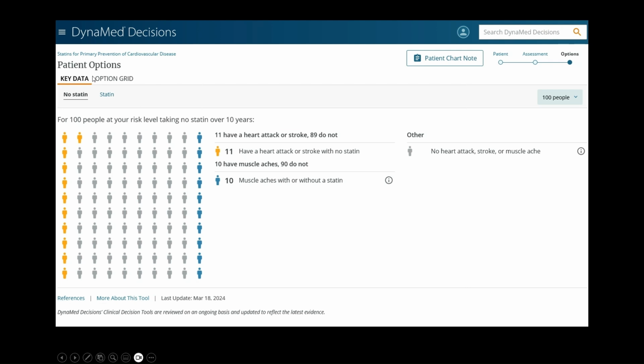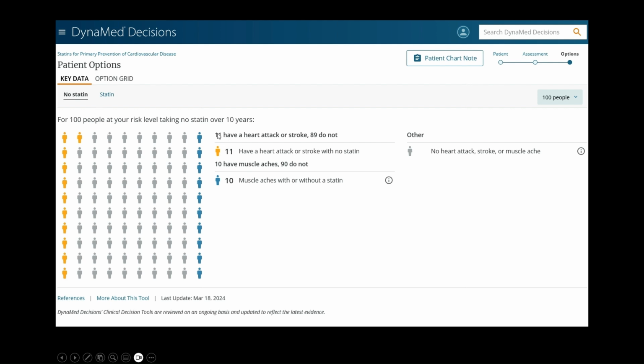So within the key data section of the patient options page, we see a risk visualization via an icon array, also sometimes called a personograph, albeit less commonly. And we can see that we have two options we can select from, no statin or statin.